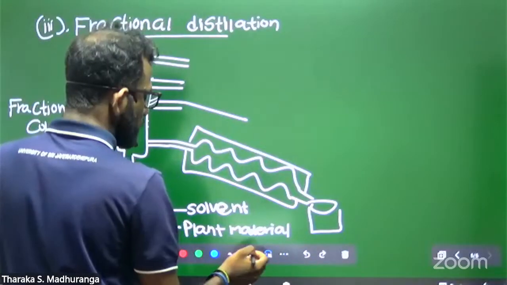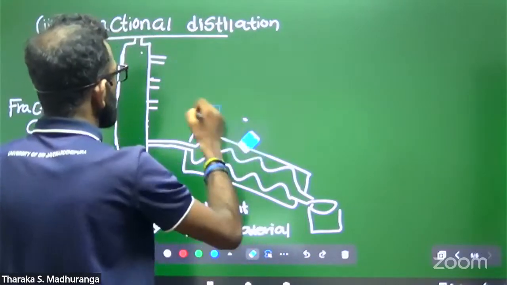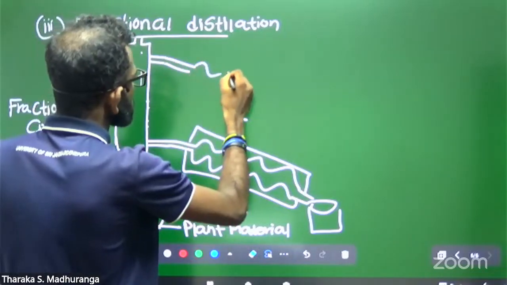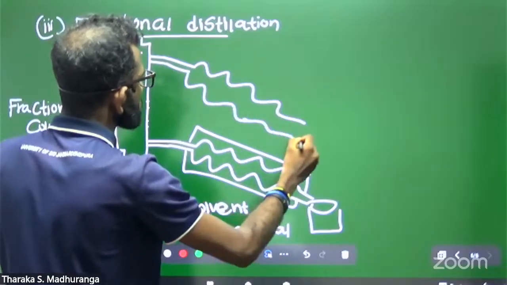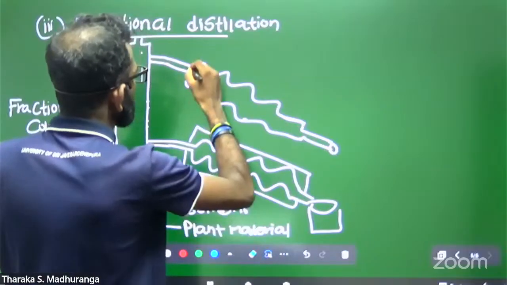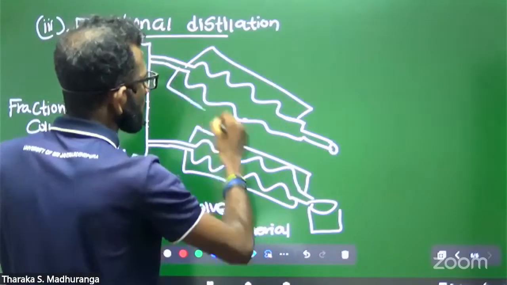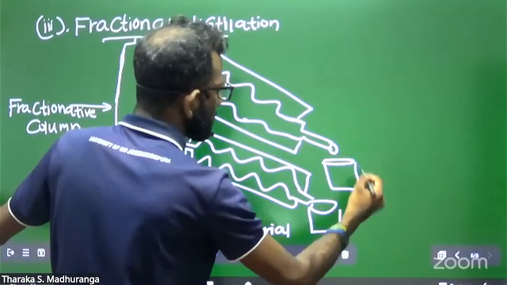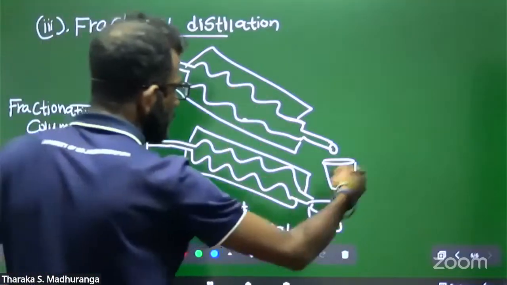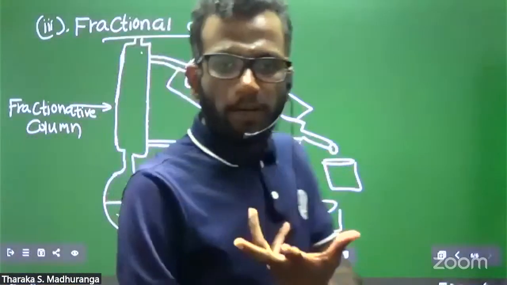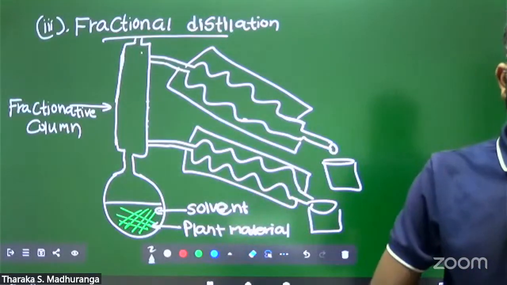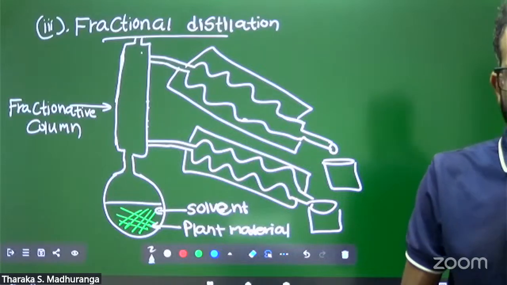With the condensers and the crude product, we can separate more than one compound from one source, one plant source. Understood?